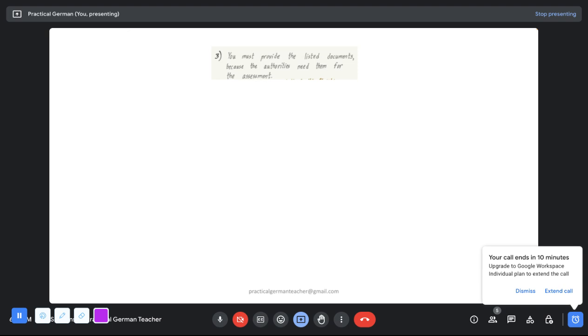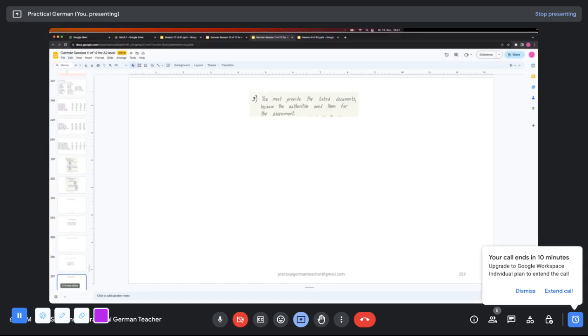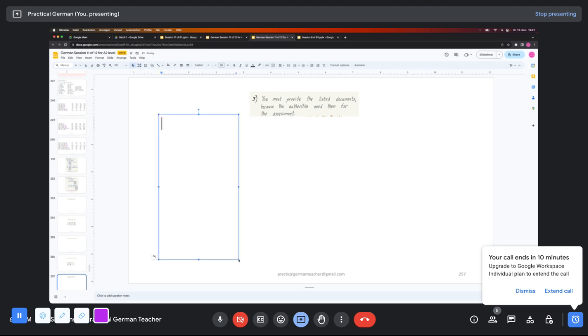So there is some verb literally similar to hand over, to give over: abgeben. Let's talk about geben, right? So you have geben. Abgeben, nachgeben, zugeben.